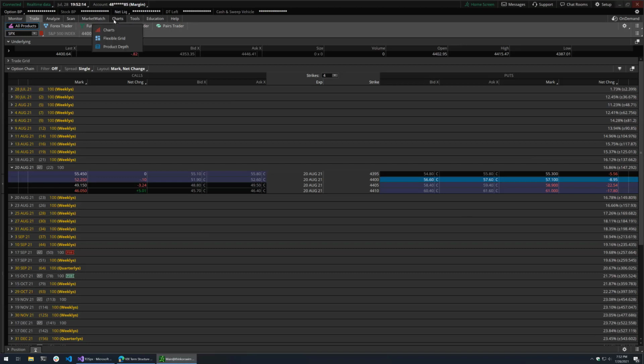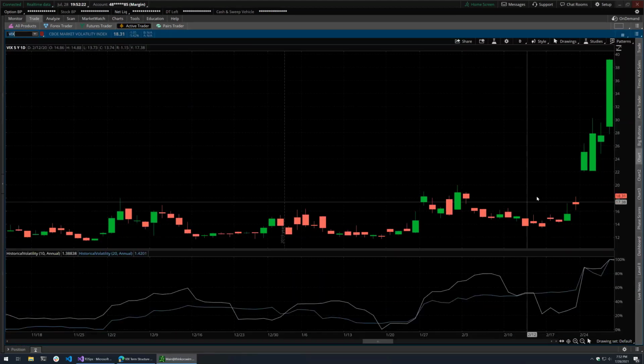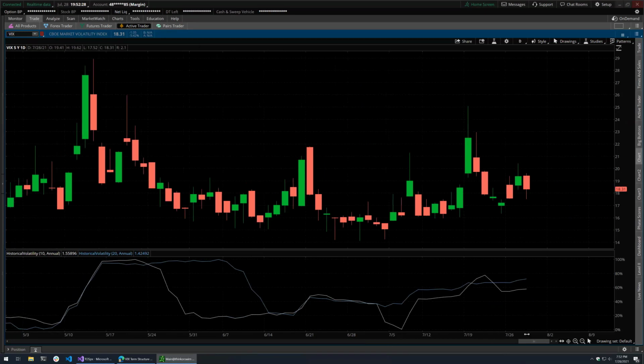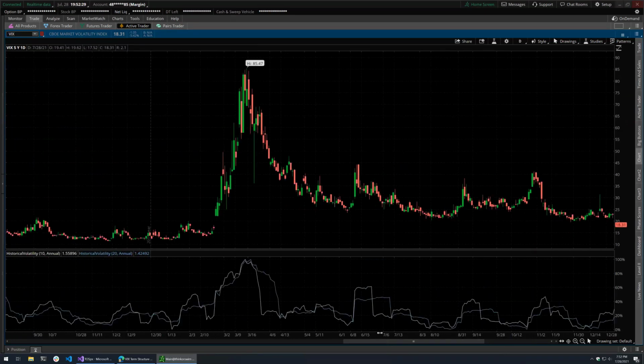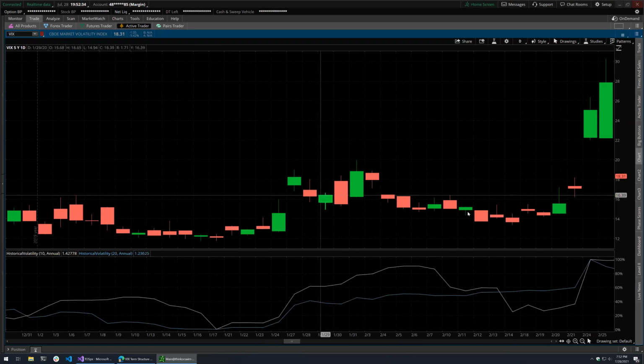If we go back to the chart and pull up VIX, you can see it's at 18.31 currently. During the COVID collapse, just before it occurred, volatility was starting to rise right into that moment. That was one of the things that he considered a major indicator.